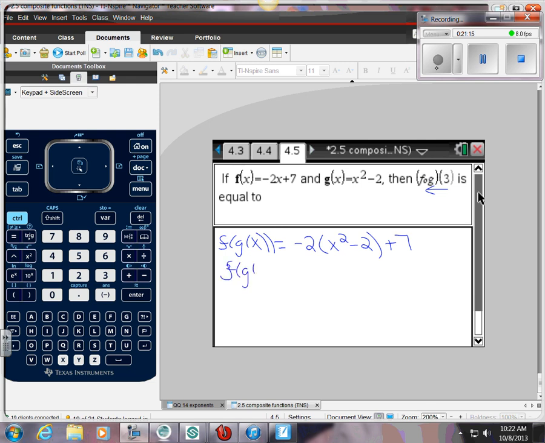Then from there, we can plug in our 3. Okay? Negative 2, 9 minus 2 in the center gives me 7. Negative 14 plus 7 gives me negative 7. Do we get the same thing? How many of you used define on the calculator? And you got? Okay. All right?